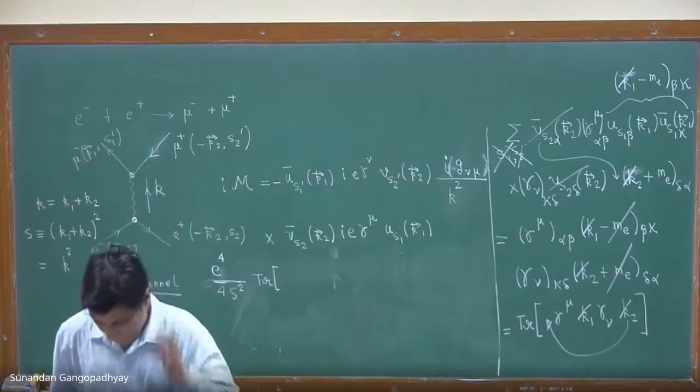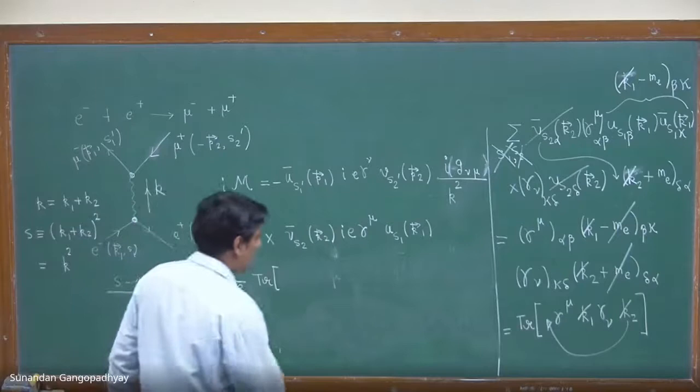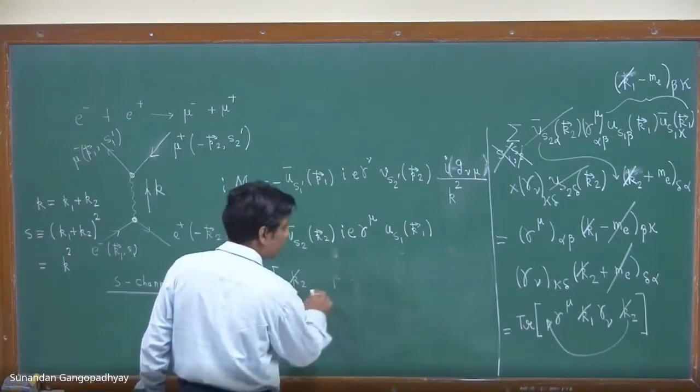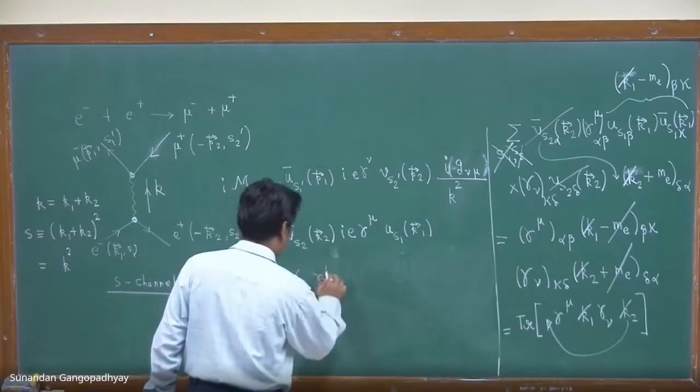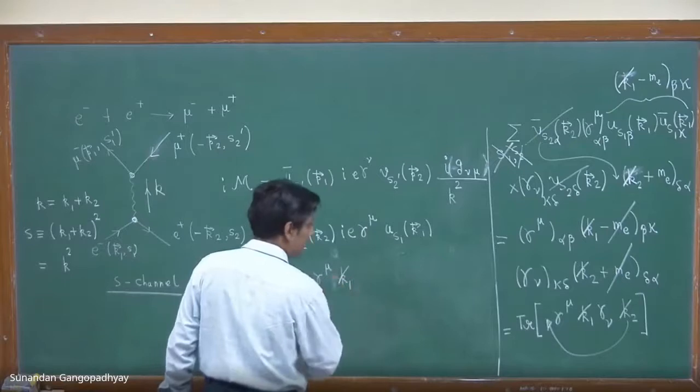So this, k2 slash gamma mu k1 slash gamma mu.